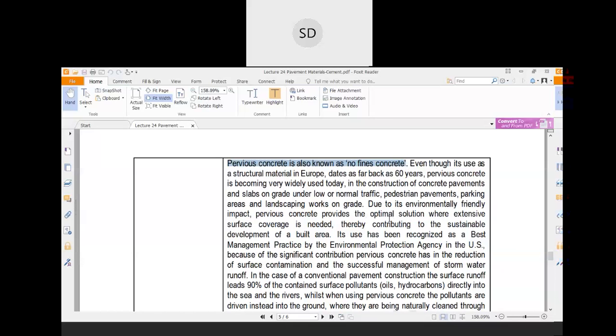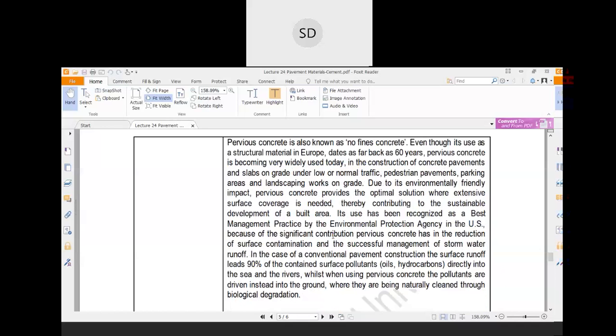Due to its environmentally friendly impact, pervious concrete provides the optimal solution where extensive surface coverage is needed. Basically, it helps to restore the groundwater level over a place because water can penetrate through it, and it will increase the groundwater level over an area, thereby contributing to the sustainable development of a built up area.